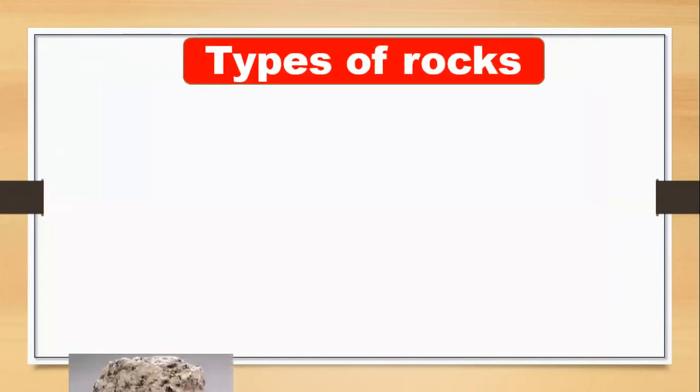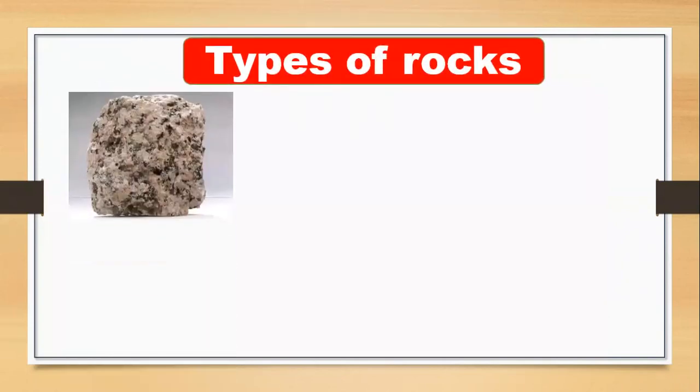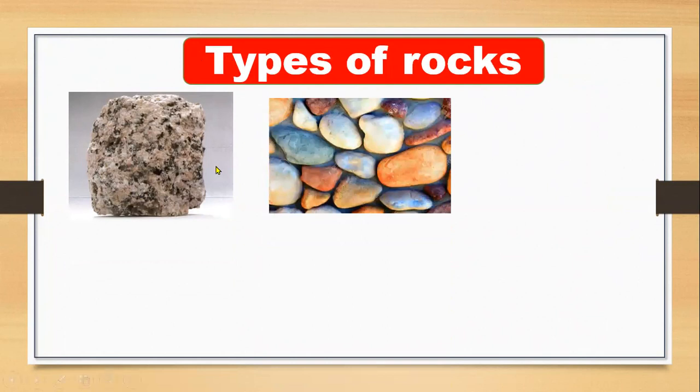So let's talk about more types of rocks. The first one, as you can see, is granite, and it's very rough and hard, and mostly it's used in buildings. Stones are smooth and hard.